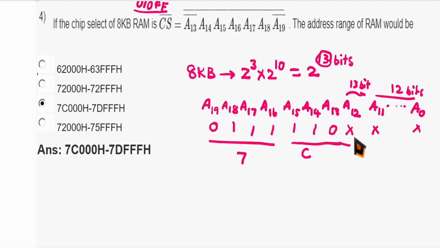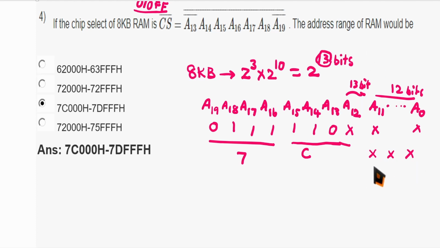It will be varying to access the locations. And from A11 to A0, we have 3 hexadecimal digits. So it may be X, X, X. It may be either 0, 0, 0 or F, F, F.